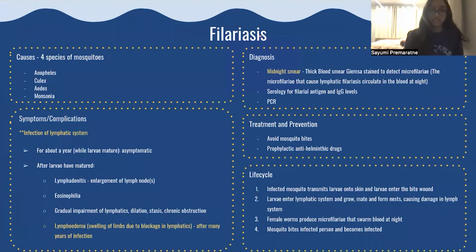And then you would get lymphedema, which is just a lot of fluid buildup in a part of your body, so your legs, for example, and it would lead to that part of your body, like your limbs, swelling up a lot. That usually occurs after many years of infection.